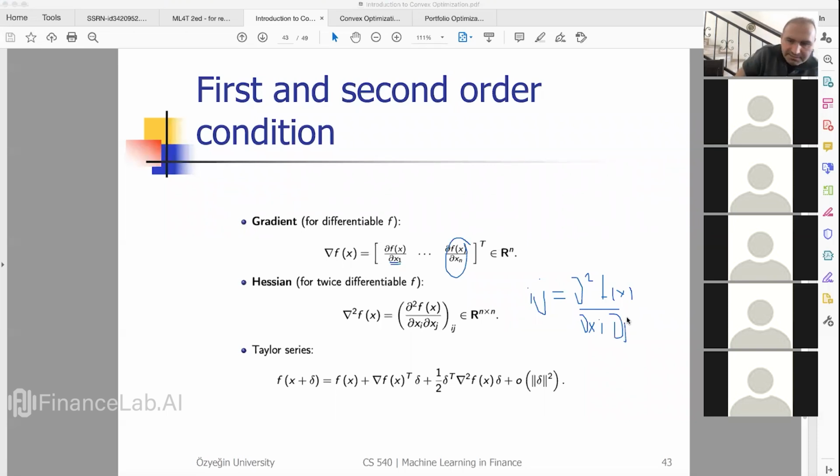And this matrix is symmetric because the derivative of f(x) with respect to xi and then xj is the same as its derivative with respect to xj and then xi. So the Hessian matrix is a symmetric matrix.